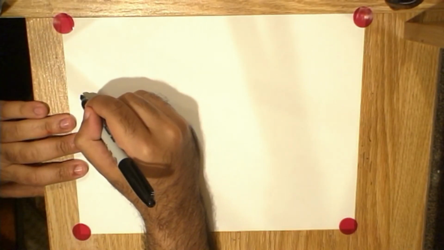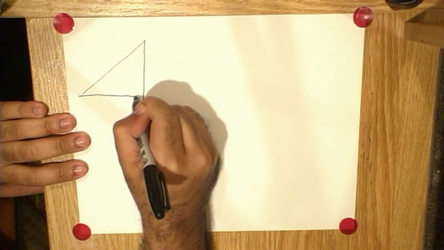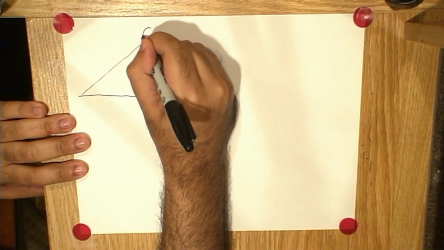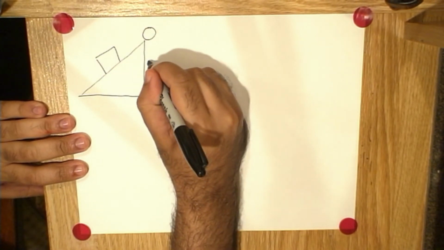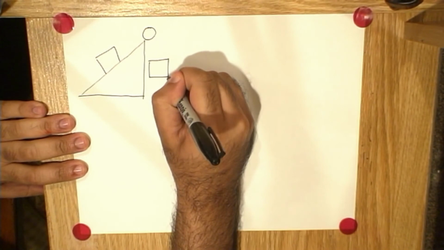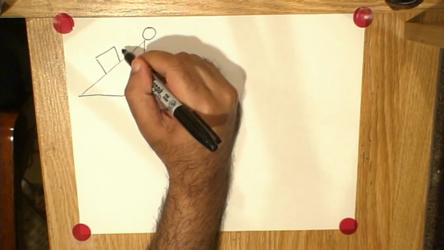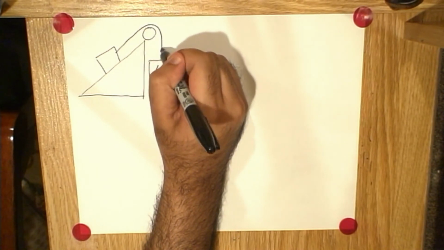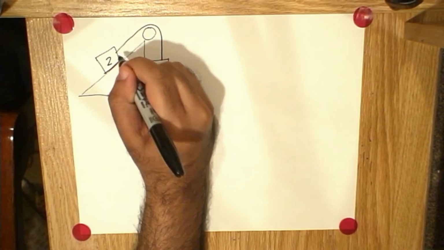In this question, we were given a pulley which was attached to the edge of a ramp, something like this. Now we were told that the dangling mass has a mass of 4, and the mass on this surface has a mass of 2.